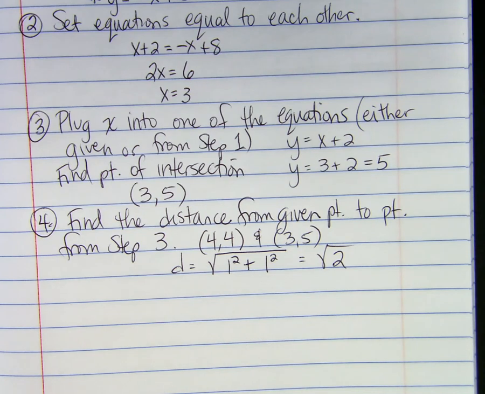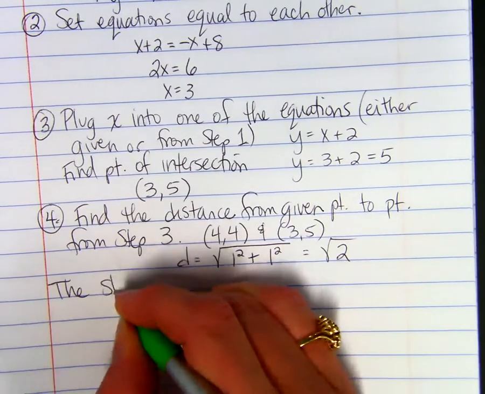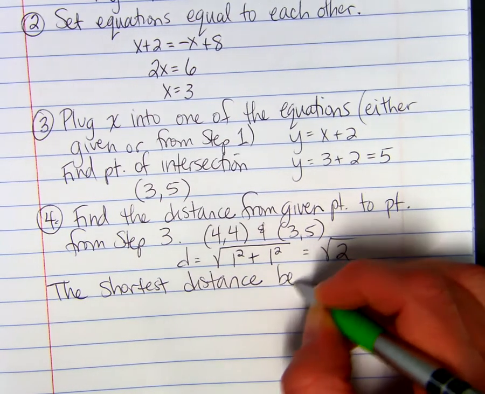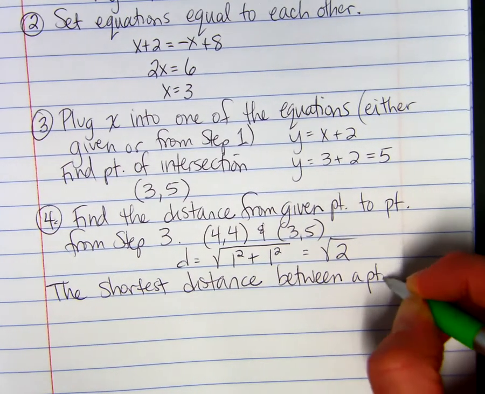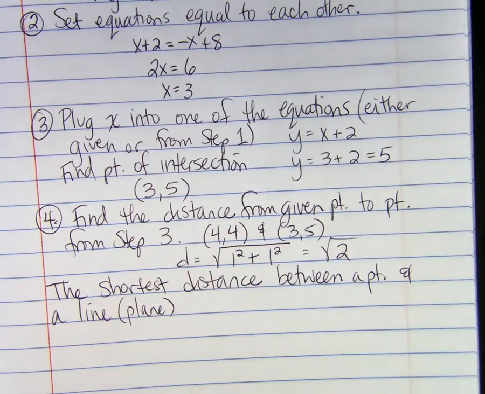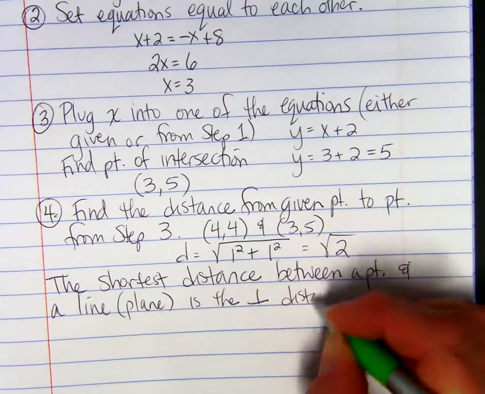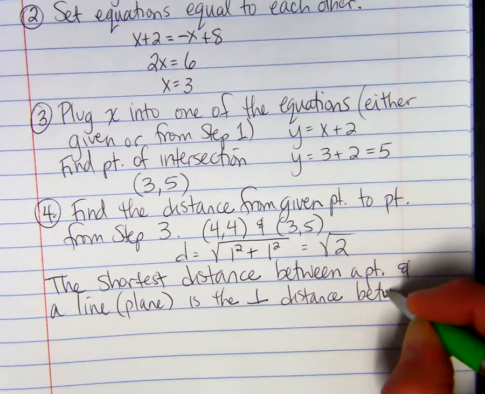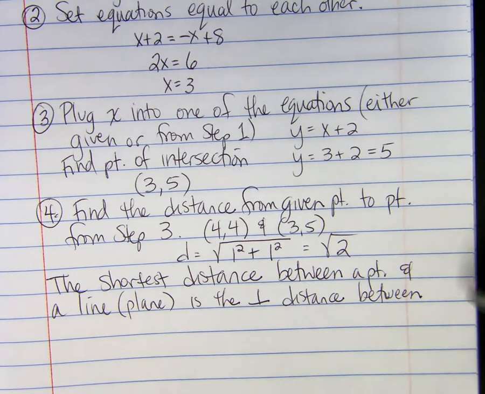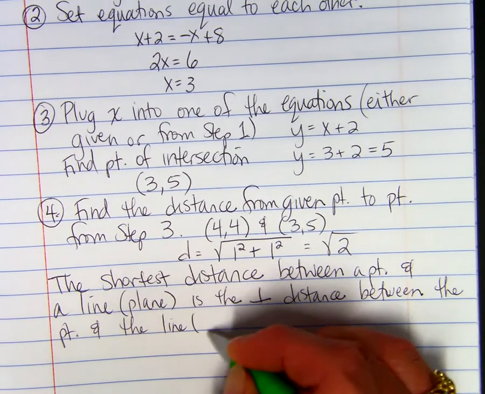So we're going to go ahead and write that as one sentence. So the shortest distance between a point and a line, and in parentheses put plane, is the perpendicular distance between the point and the line, parentheses, plane.